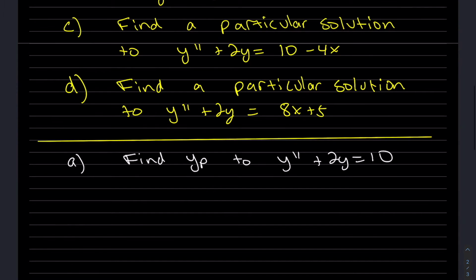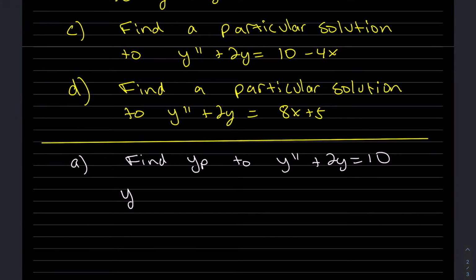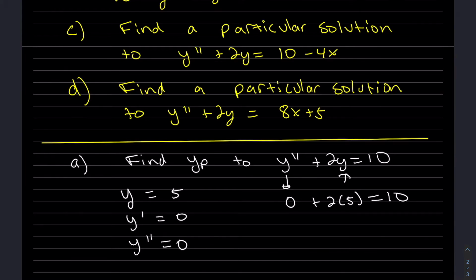So what can y be that I can take the second derivative and plug in y and get a solution? So if, for example, y is 5, don't you think that second derivative will be 0? Yeah. And then when we plug it in, this is 0 plus 2 times 5 is equal to 10. So there's a particular solution.